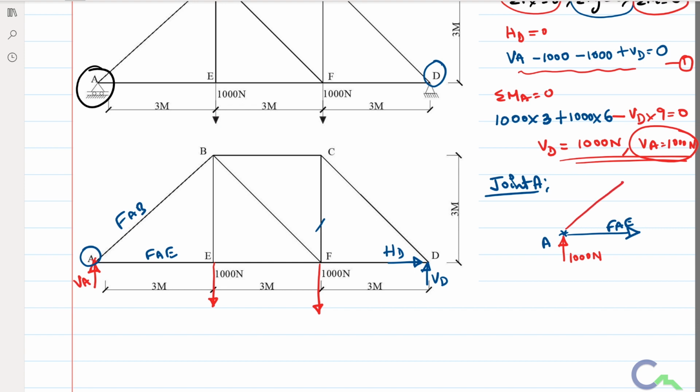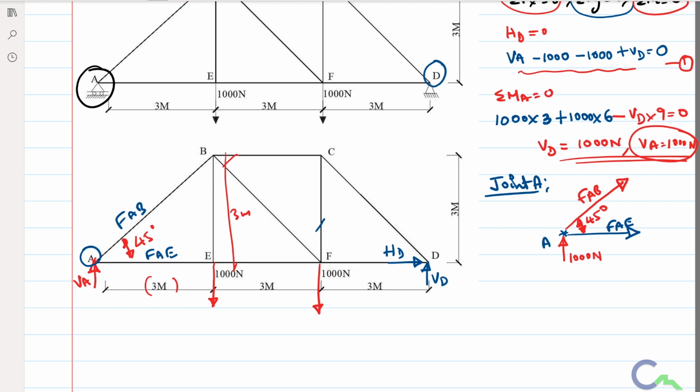I have to change the direction while considering for the next step. So FAB also I am going to take this as tension. Then I have to find this theta. This base is 3 meter, then height also 3 meter. Therefore I can say this theta is 45 degree. I will take that theta as 45 degree.